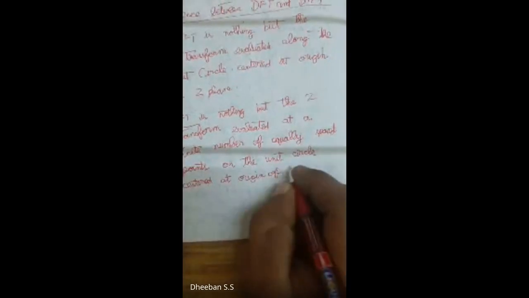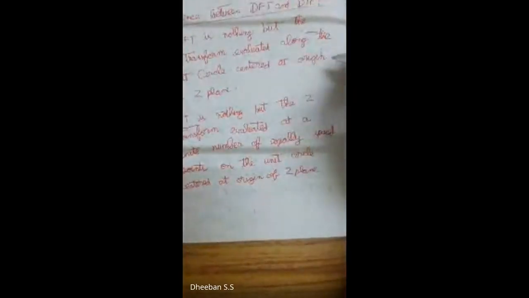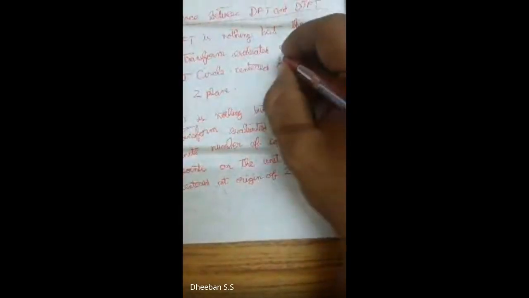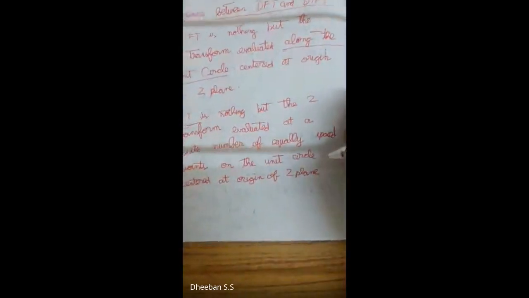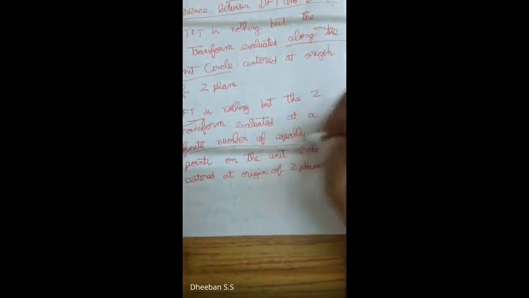So now we get a clearer idea: for DTFT, you take the Z transform along the unit circle, but for the DFT, you take the Z transform at a finite number of equally spaced points. This is the main difference between these two.